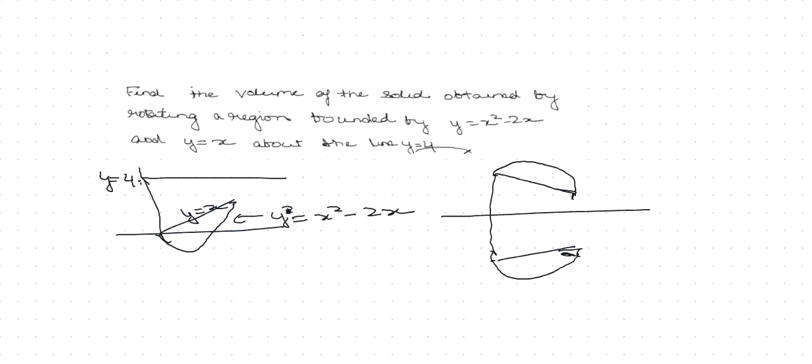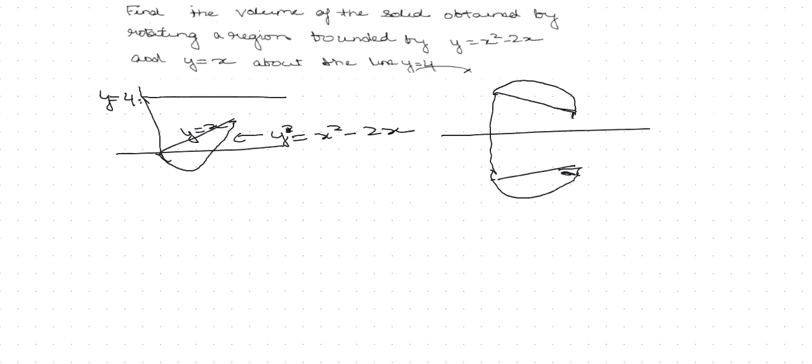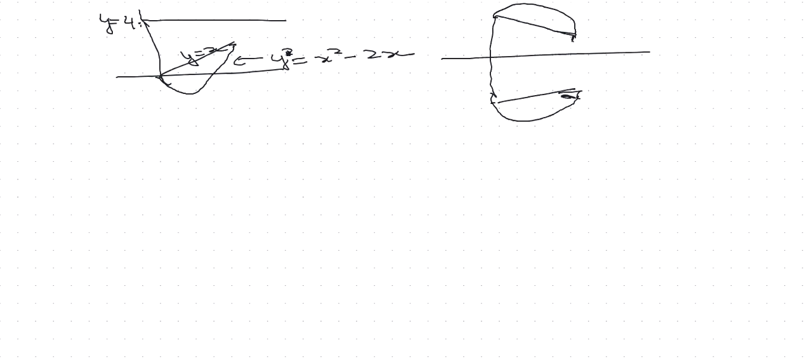Okay. So as we are rotating about the horizontal axis, we know that the cross-sectional area will be a function of x, and we'll draw a more detailed picture to give a good view.